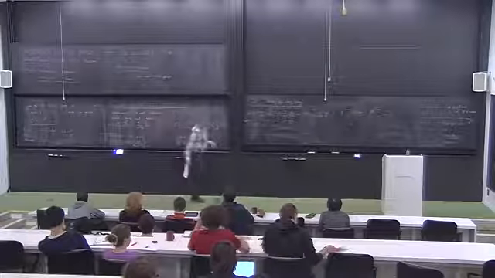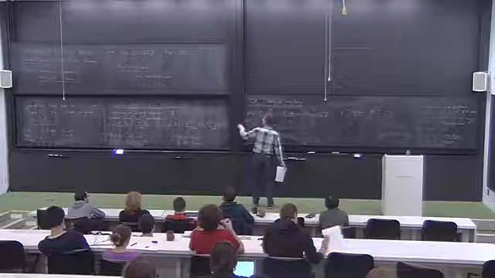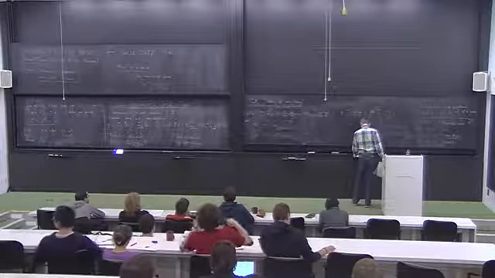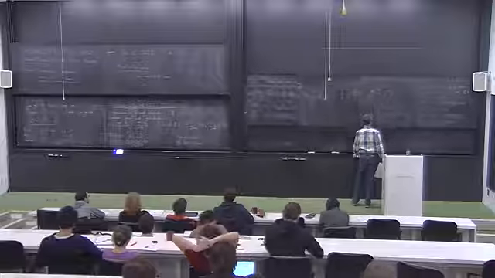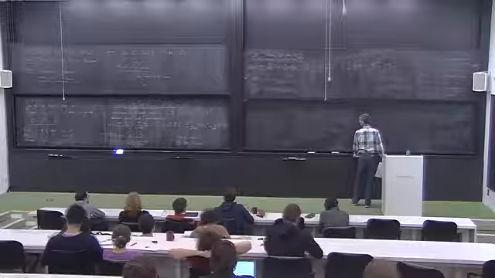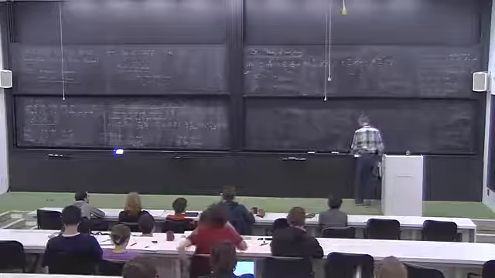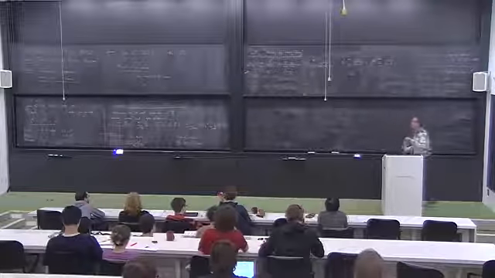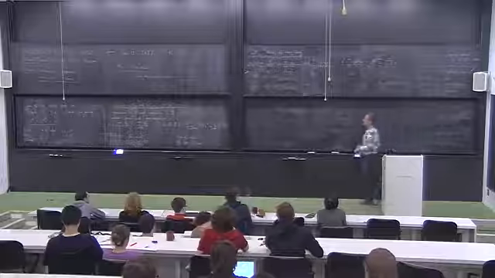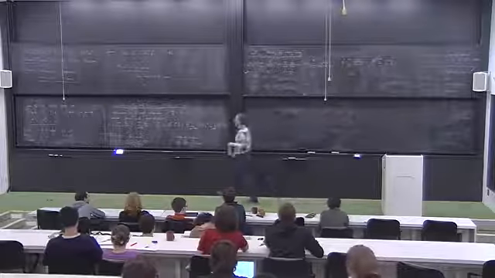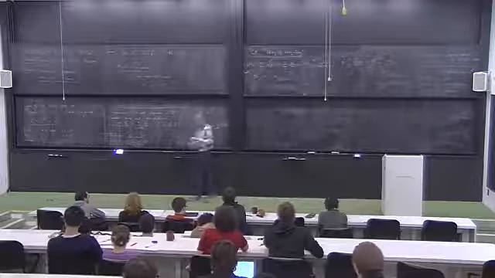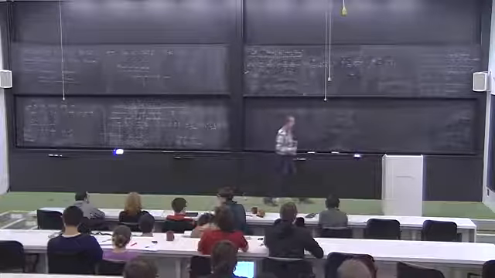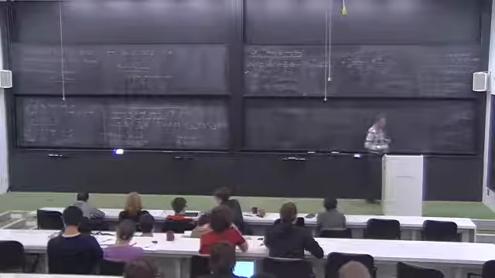Okay, so now I'm going to explain the Born-Oppenheimer approximation proper. And once again, that will rely on exploiting this small parameter, the mass of the electron divided by the mass of the ion, which is 10 to the minus 3 to 10 to the minus 5.